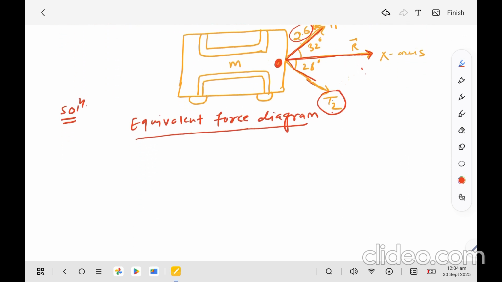First we need to check whether we can use the parallelogram law or not to solve this problem. So first we make an equivalent force diagram.